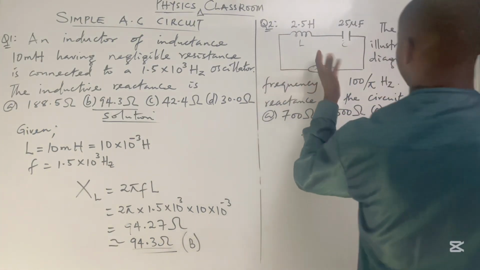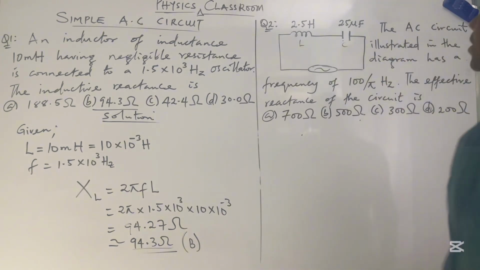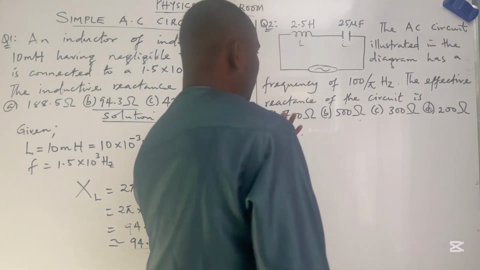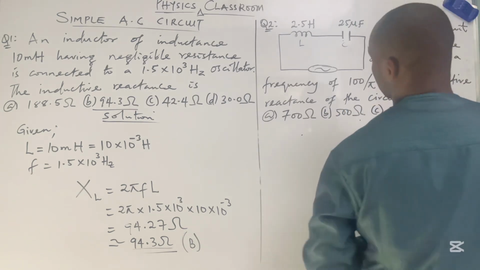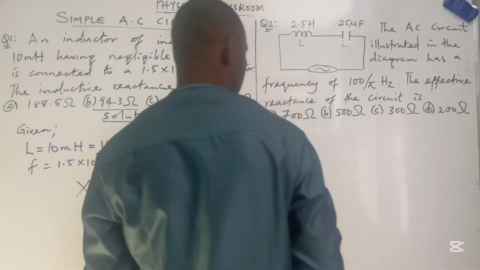For the second question, the diagram is illustrated above, and the question says the AC circuit illustrated in the diagram has a frequency of 100 over pi hertz. The effective reactance of the circuit is... as you can see, this is an LC circuit.